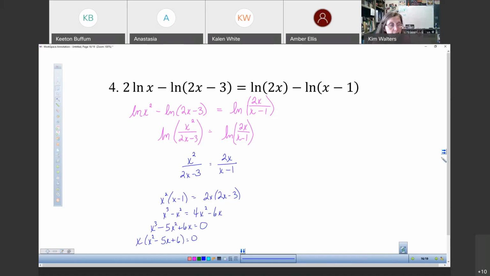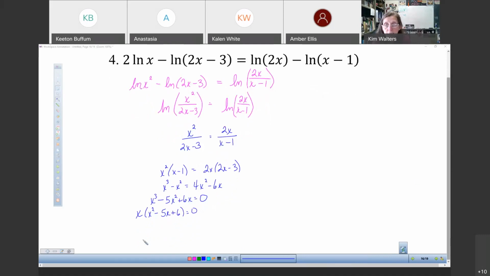And then this is going to factor into an x minus 2 and an x minus 3, which means that I get x is equal to 0, 2, and 3.